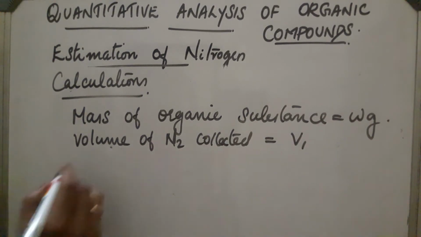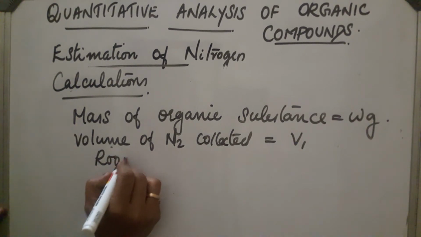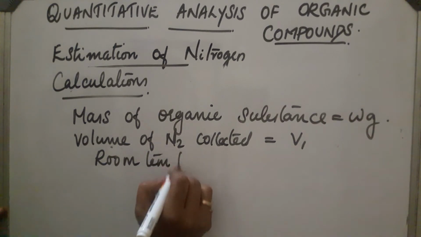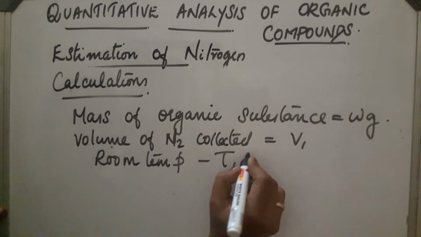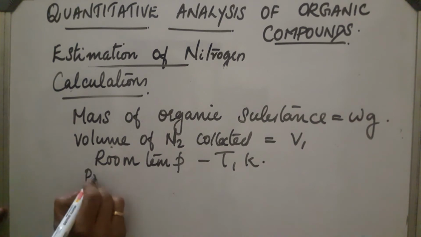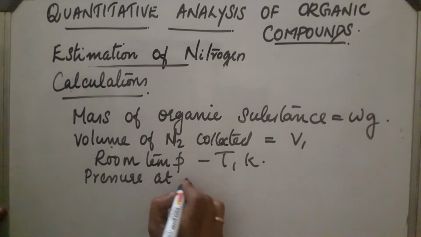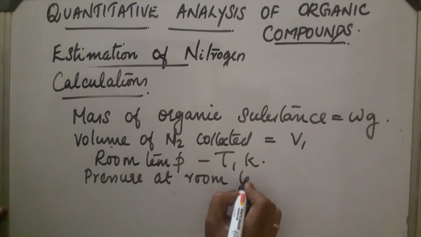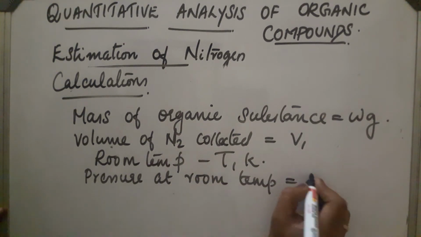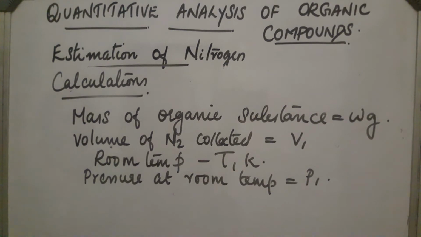The room temperature will be T1 Kelvin. And let the pressure at room temperature be P1. This P1 will be equal to the difference between the barometric pressure and the aqueous tension at room temperature.